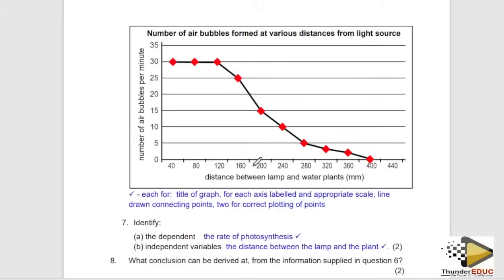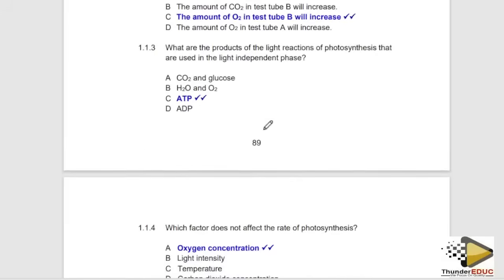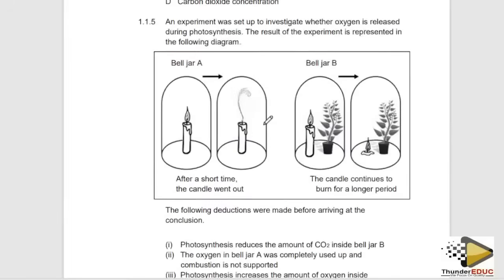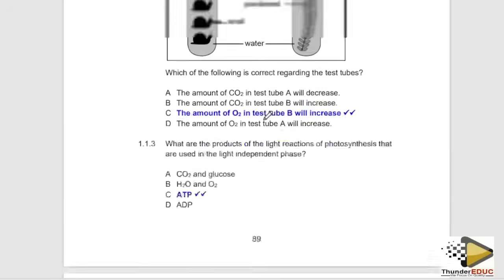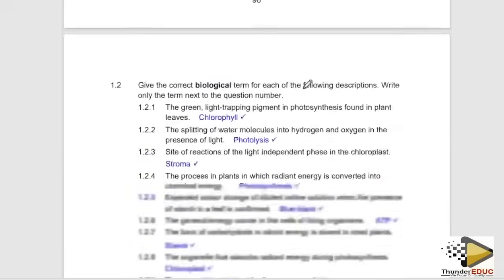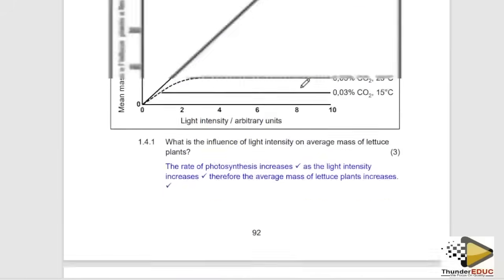Guys, don't forget that you will have one experimental question, independent variable, dependent variable. If I've forgotten, please remind me. So this is what we are talking about. Yes, you see. Limiting factor.